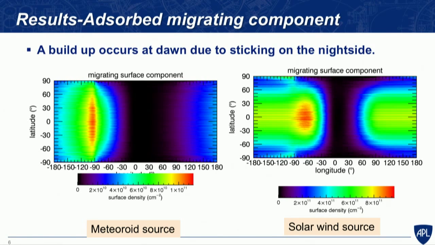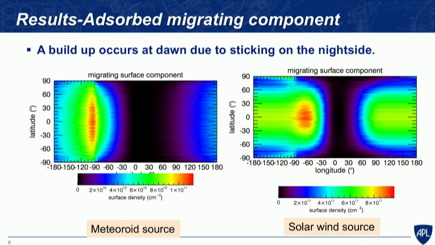The particles that will eventually desorb again, I call the migrating particles, and those are the particles that are going to appear as the diurnal signal, right? If something's permanently stuck, it's going to be part of a background that's not going to change, but if it's actually going to desorb, it's part of that diurnal signal.